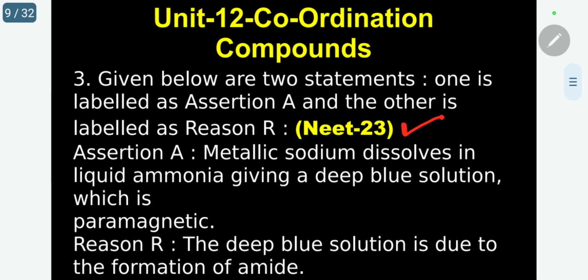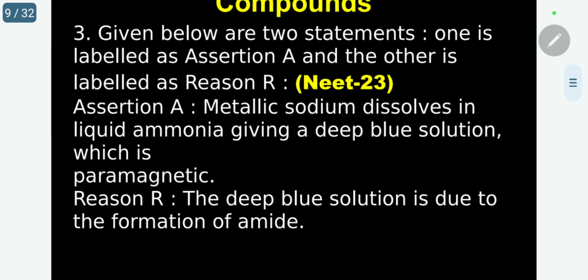Assertion A: metallic sodium dissolves in liquid ammonia giving deep blue solution, which is paramagnetic. Reason R: the deep blue solution is due to the formation of amide. Kindly follow.